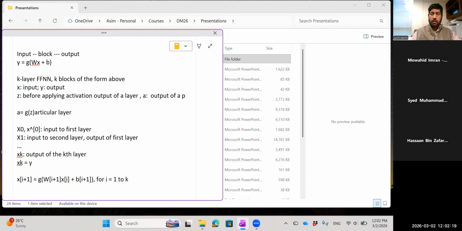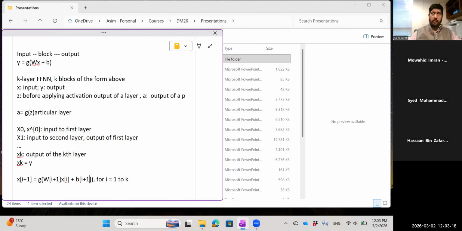So this single equation can represent the entire feed-forward neural network, ठीक है। So this single equation, of course, there will be multiple such equations depending on the number of layers, would represent the complete feed-forward neural network from input to output, ठीक है। So we are talking about k layer neural network. जो final output होगी वो x i plus 1 होगी, k plus 1 होगी, which will be your y.